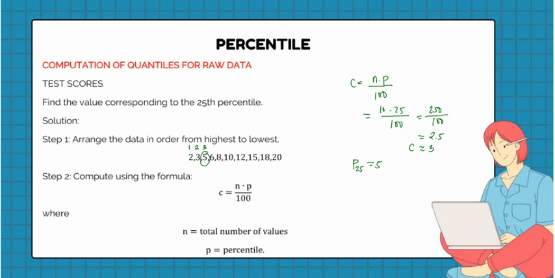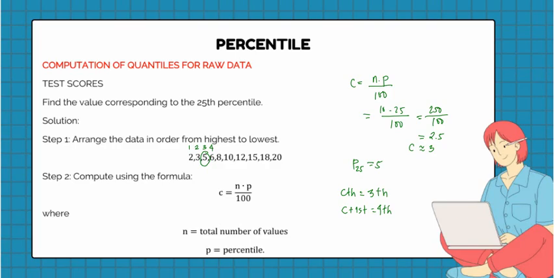So let's say, for a scenario, our value here did not turn out to be 2.5, but instead it turned out to be 3. Meaning, our Cth there is going to be 3, and our C plus first would be our 4th value. So, as you can see here, you are going to calculate the halfway between the 3rd and 4th values, which are 5 and 6.